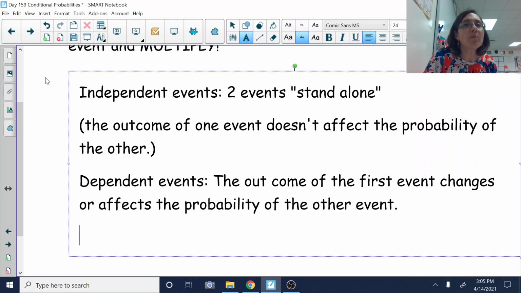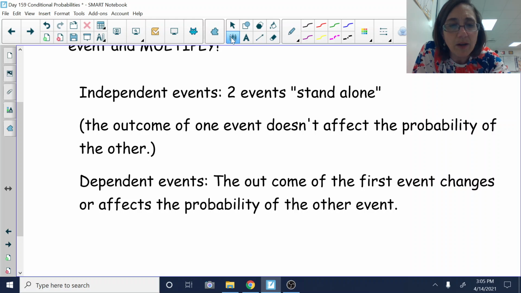So let's say that my room has 10 kids, and there are 5 boys, 5 girls. So what's the likelihood I get a girl for my first pick?